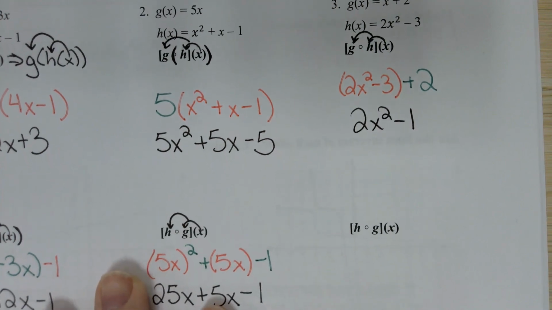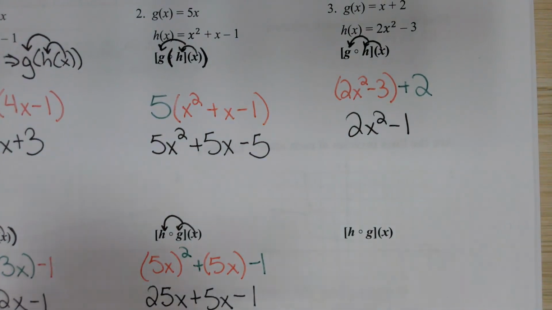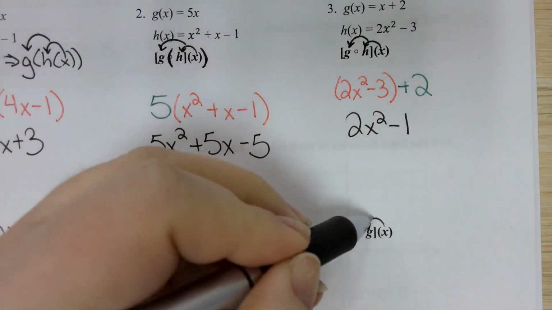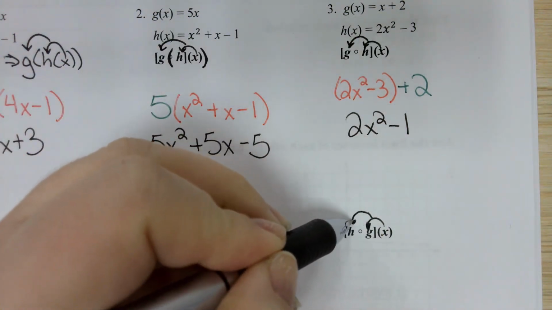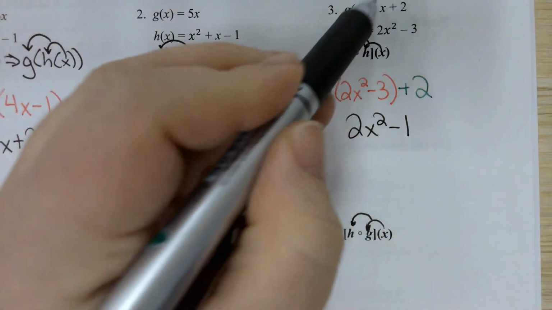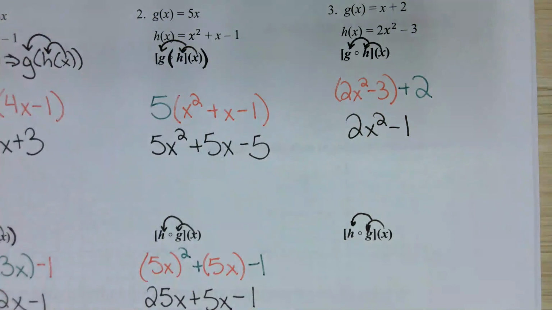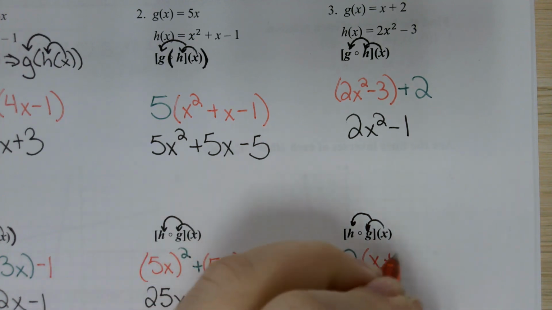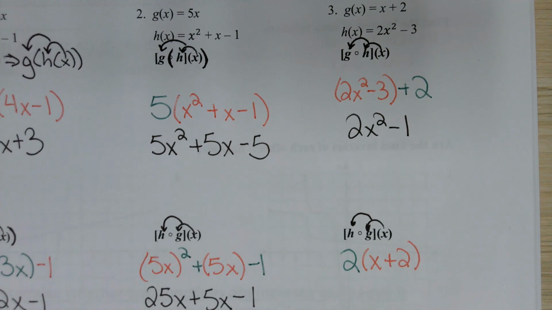Let's go the other way around. So x is already in for g, so we're going to plug the g equation into h. So this x plus 2 is replacing the x. So we'll have 2 times, and replacing x is x plus 2 squared minus 3.